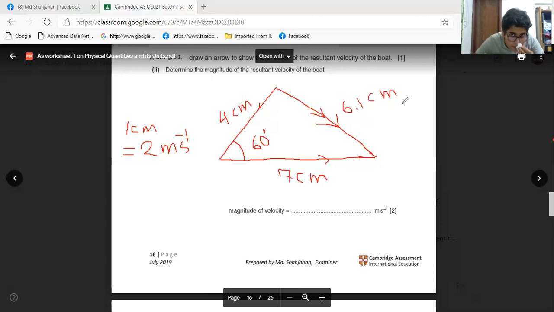Then 6 centimeter is 12, then point 1 more, right? 12.1 or 12.2. Two ones are two, right? You don't have a calculator beside you? I have, so multiply 6.1 by 2. 12.2 meter per second.